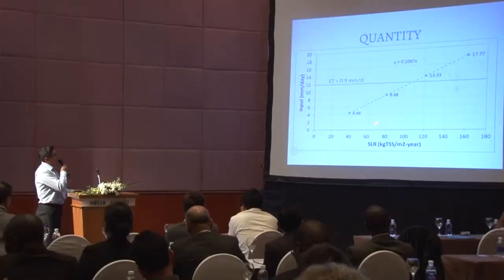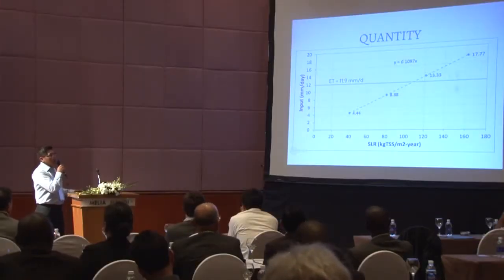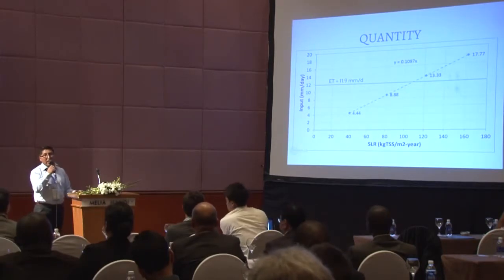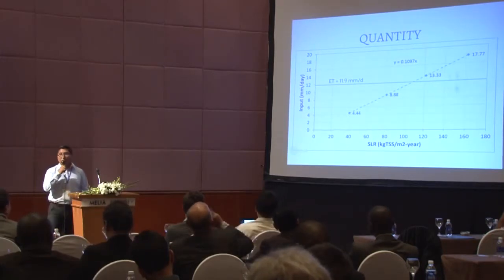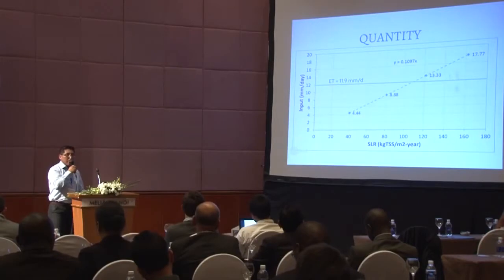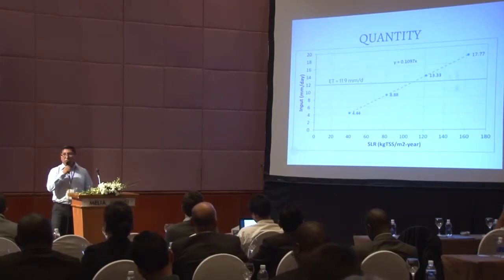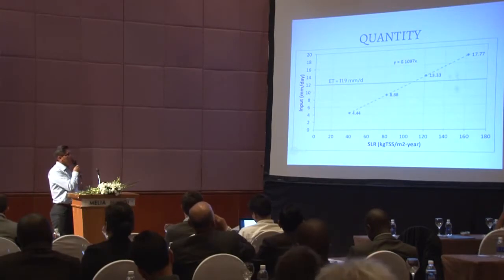If we work with very low loading rates, we will see that the plants will start dying because they don't have enough water to grow and to develop all their activities. We need at least 110 kilograms TSS per square meter per year to have enough water for the plants to do their job.